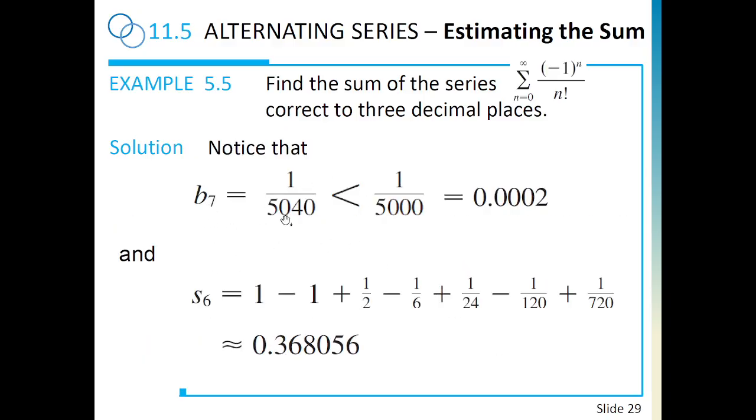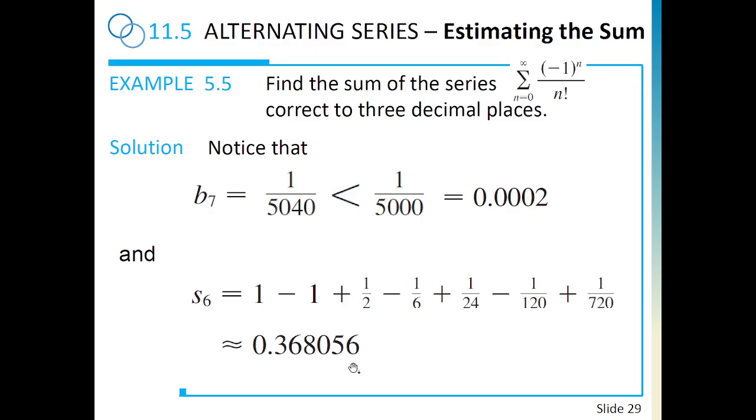So the term number 7, if we compute, you see the error is smaller than this number here. So 1, 2, 3 zeros, because we have 3 decimal places. That means that we need to add everybody in front of that. So we add them. So this number here is an approximation of the total sum.